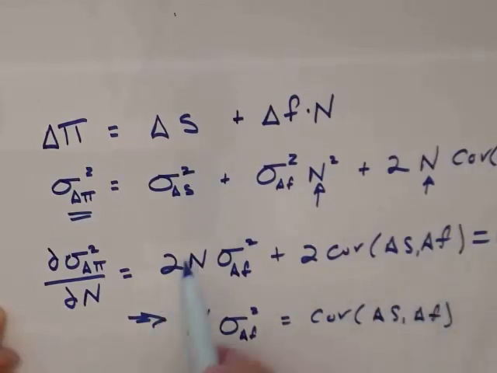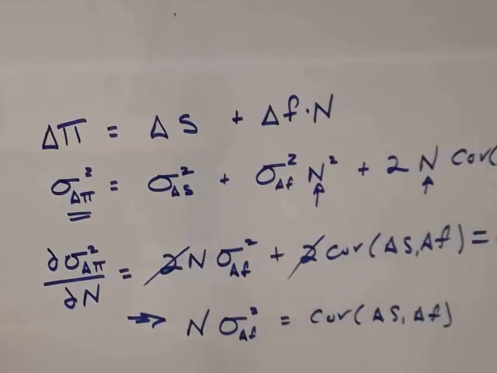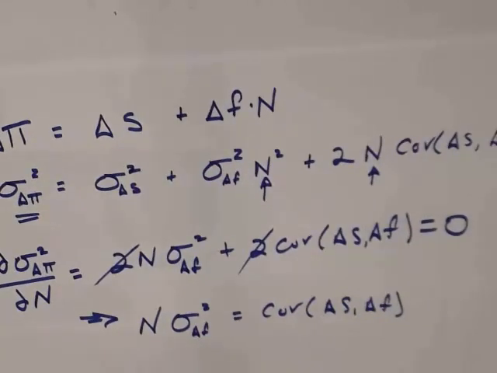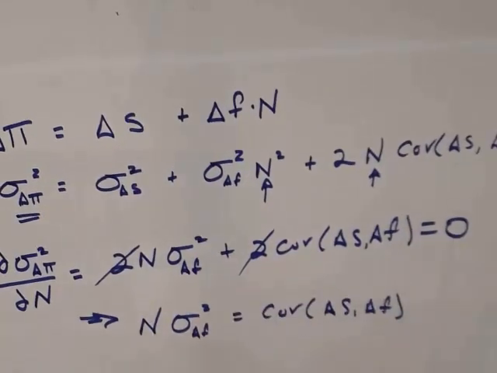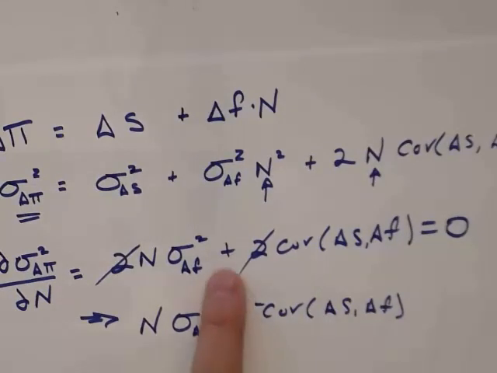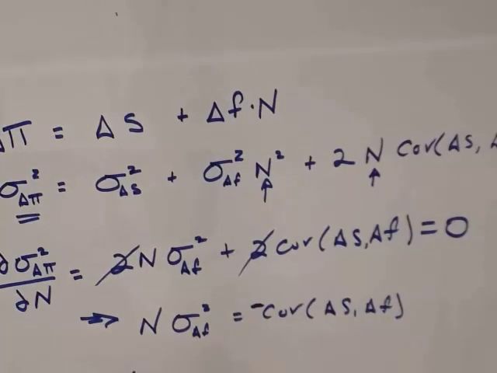All I'm doing is getting rid of these 2's because they cancel out, and moving one term to the other side. So we have a negative sign here that we don't lose track of. It's easy to lose track of that negative sign. And we solve for n. We get n equals the negative of the covariance between the spot and the futures, divided by the variance of the futures contract.